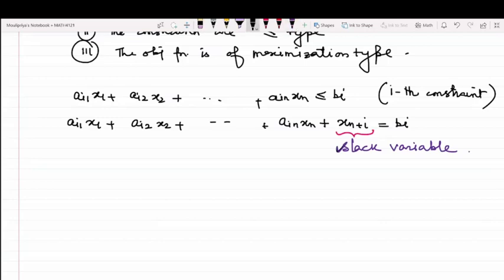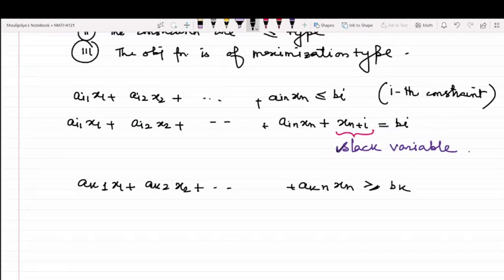In a similar manner, suppose I have the kth constraint looking like ak1 x1 plus ak2 x2 plus up to akn xn greater than equal to dk. Over here, a quantity has to be subtracted from the left hand side so that the two sides become equal to each other.